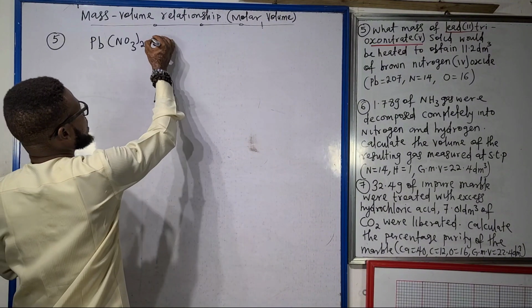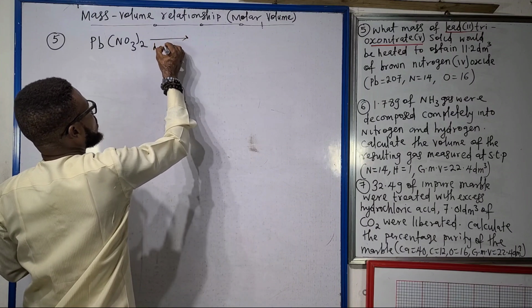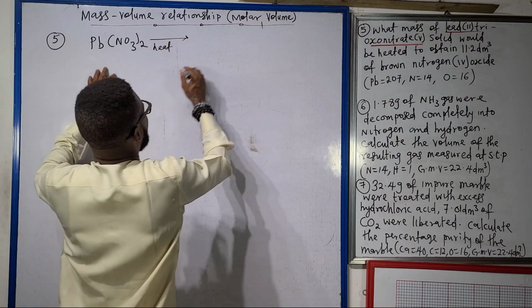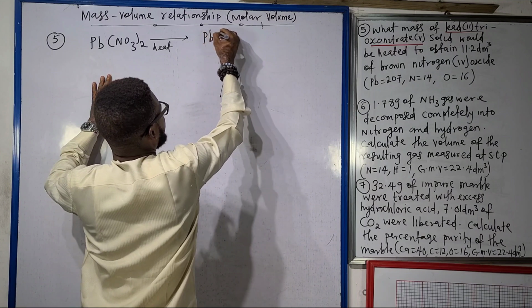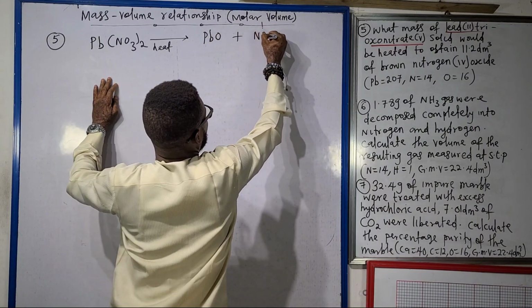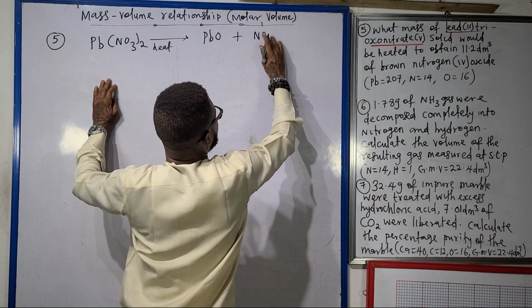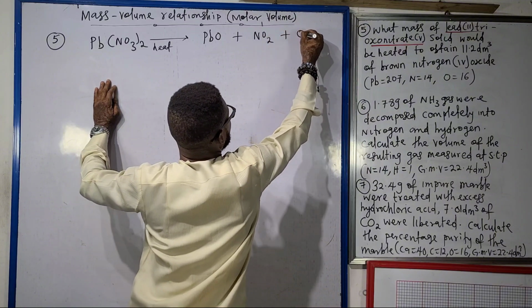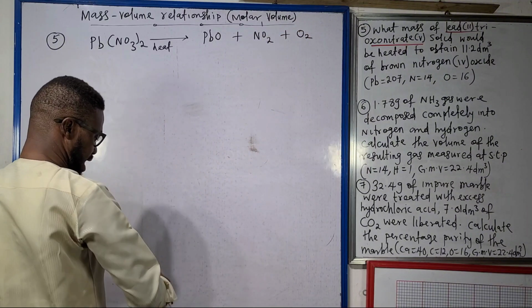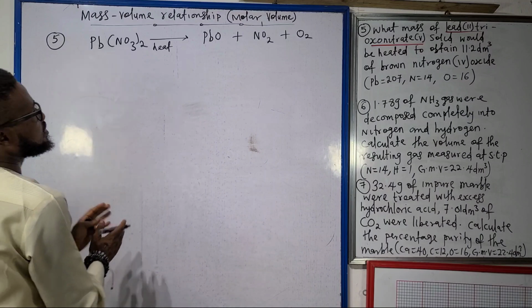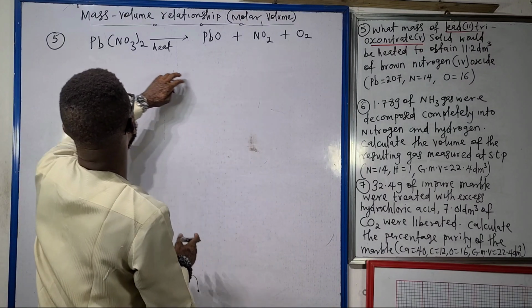nitrogen peroxide. So when we heat this, this is what we're going to have: lead oxide plus nitrogen peroxide, and take note, oxygen is going to be liberated in this process. To balance this, it is not looking balanced.